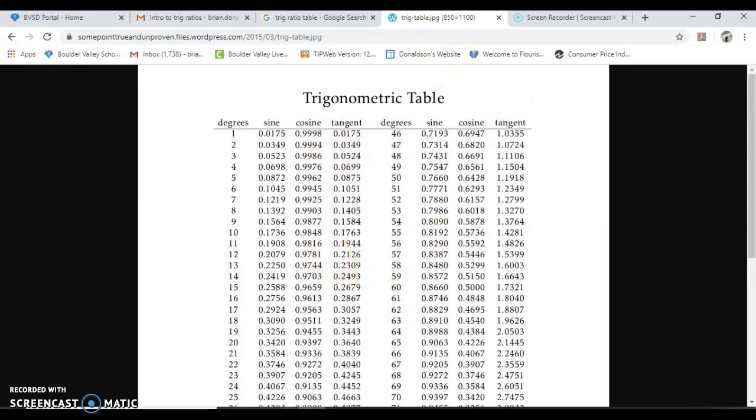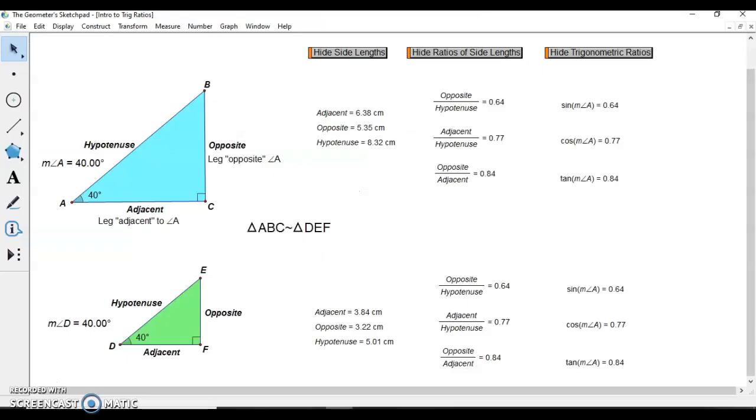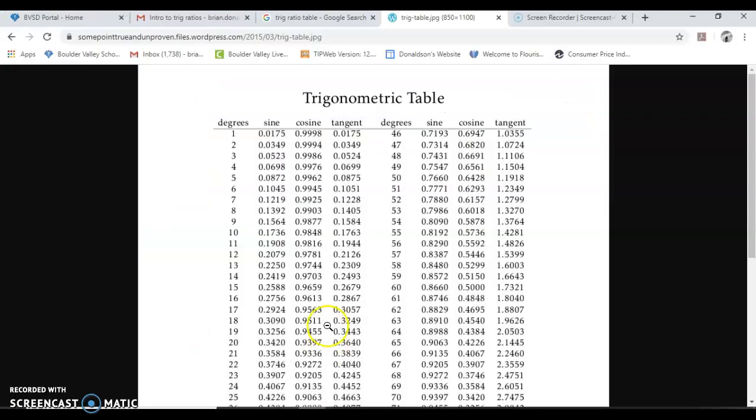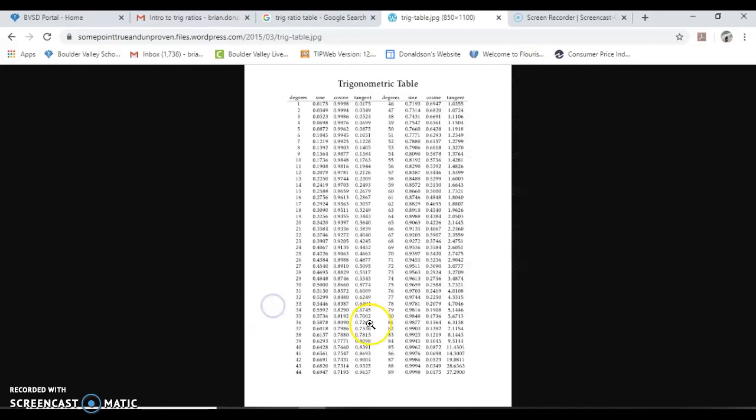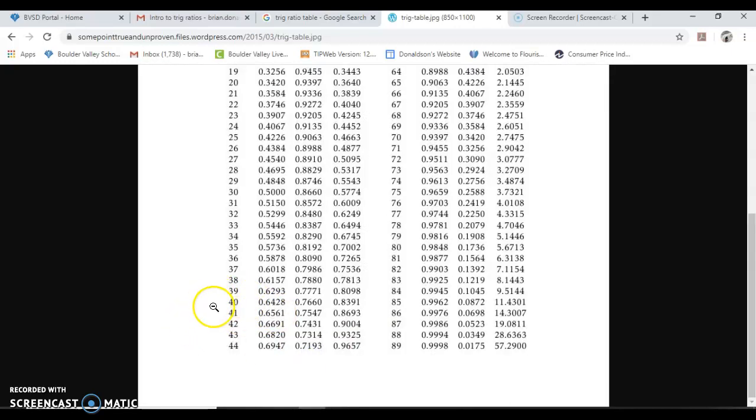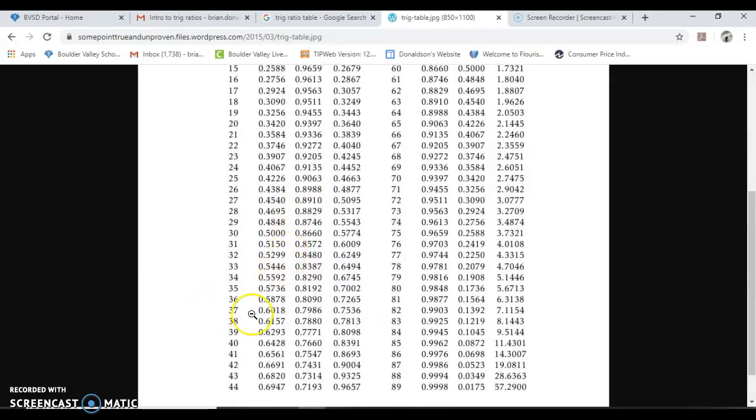So remember what I just showed you in my little nerd program. The sine of angle A, which was 40 degrees, is 0.64, and I calculated this by hand. But now look at this table. The sine of 40 degrees is 0.64, right here. Look at the cosine of 40 degrees.